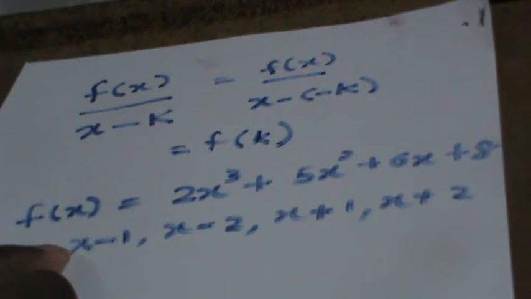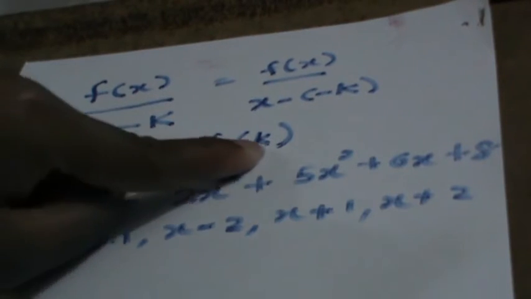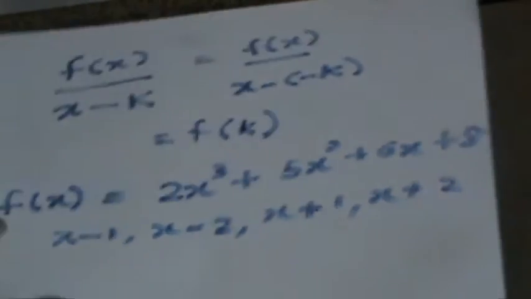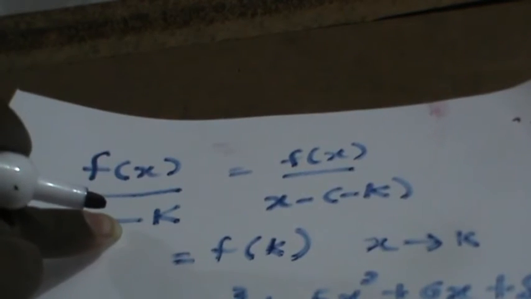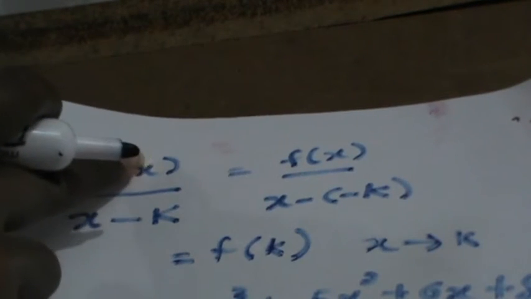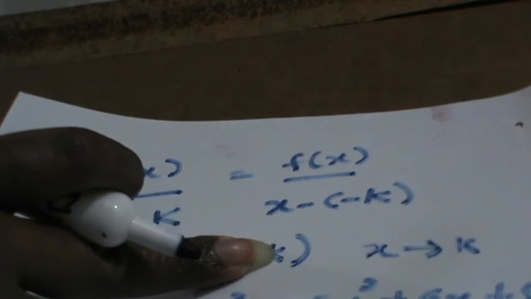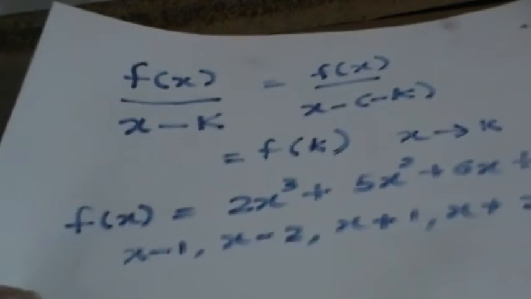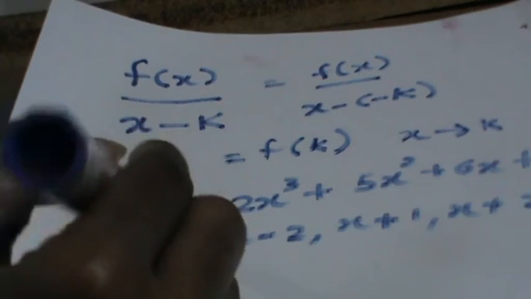My first objective is to find the remainder when I divide f(x) by x minus 1. You know that f(k) is the replacement of x with k. So when I divide f(x) by x minus k, I replace x with k to get f(k), and my remainder will be f(k). x minus 1 is in the form of x minus k, where k is equal to 1.